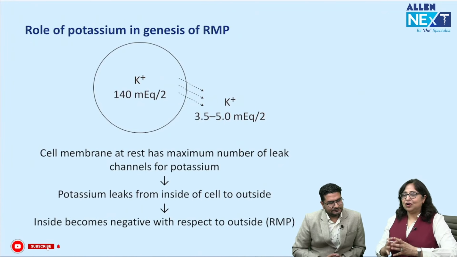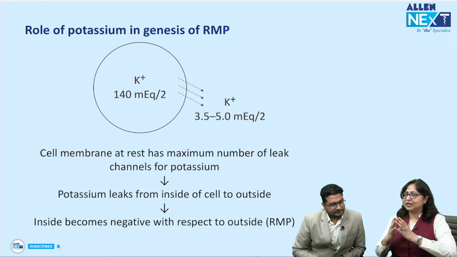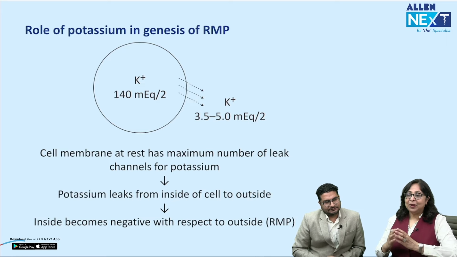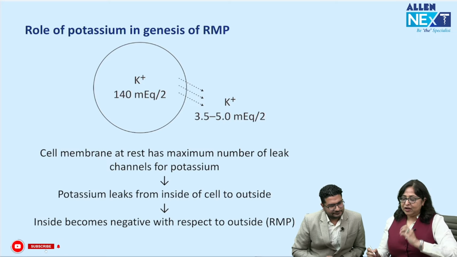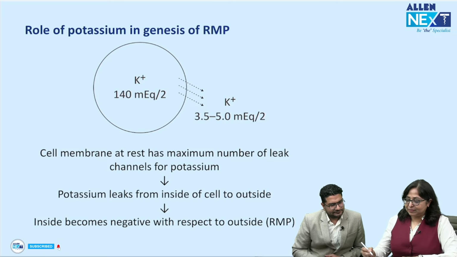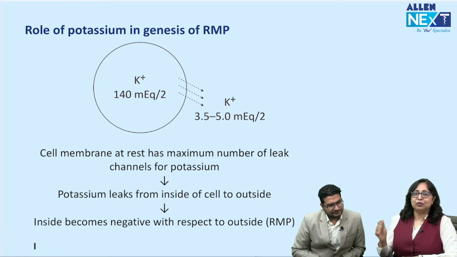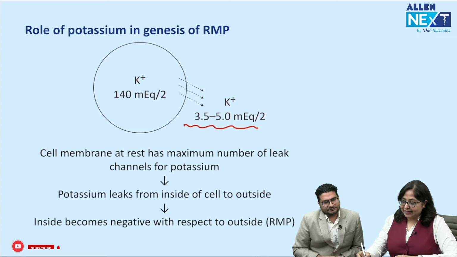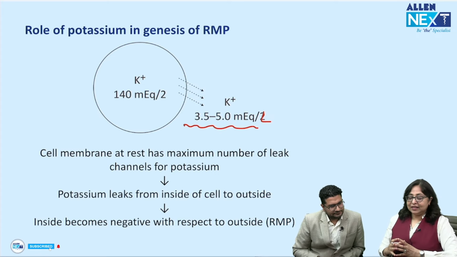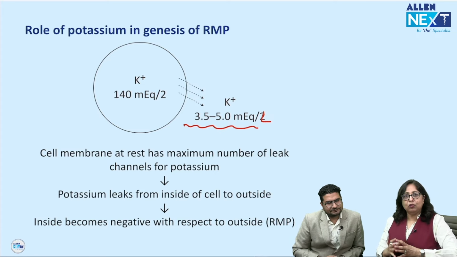Just a little bit of physiology as far as potassium is concerned, because potassium is an extremely important ion when it comes to the resting membrane potential and excitability of the cell. We know that extracellular potassium is in a very, very narrow range of normality, 3.5 to 5 millimoles or milliequivalents per liter. Now, what is the role of potassium?